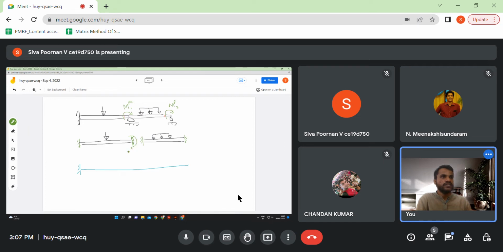So I would have added a moment like this here, mf1, it could be mf1 and mf1 dash here, right? This moment itself will get split into two things for the two parts of the beam. The notations might be different from what you would have seen in the course, but the concept is what I'm trying to stress here. The total moment that I have given, I have to give the opposite of it here, so that in summary I would not disturb the beam.